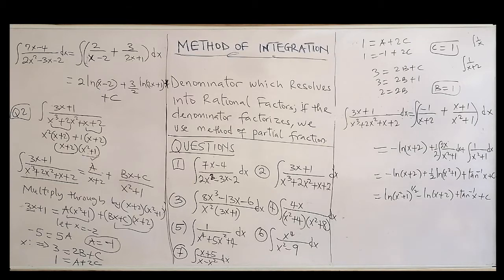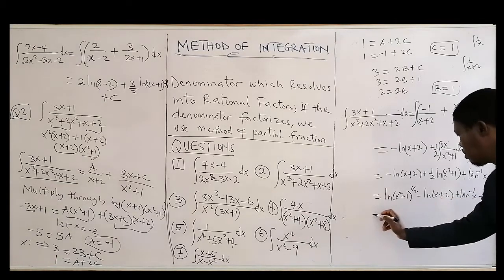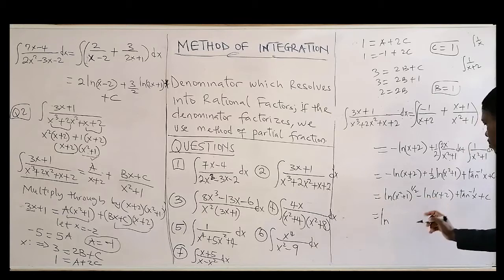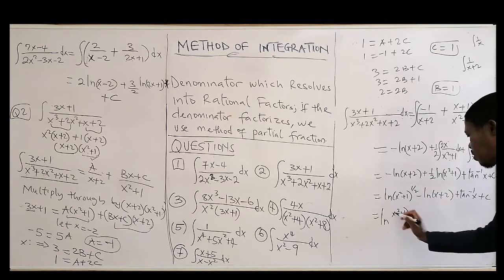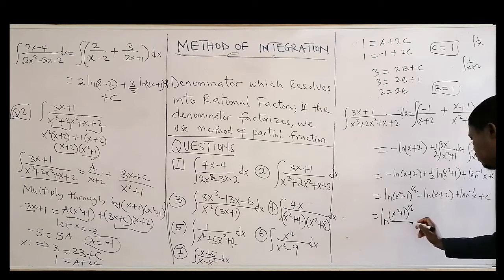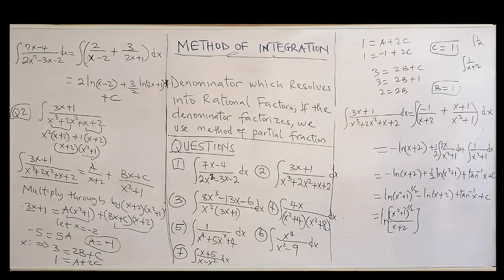Then we can use a logarithm theorem. They have the same logarithm, and you have minus, so that will be ln of (x squared plus 1) power half all over x plus 2. If you like, you can do it up to that stage. Then plus arctan x plus c.